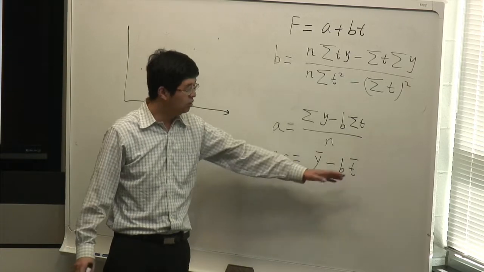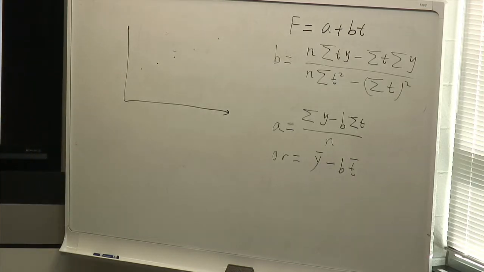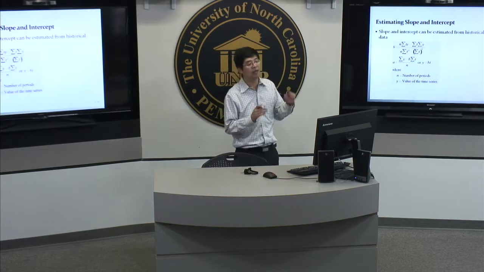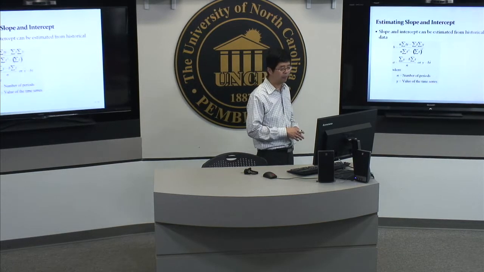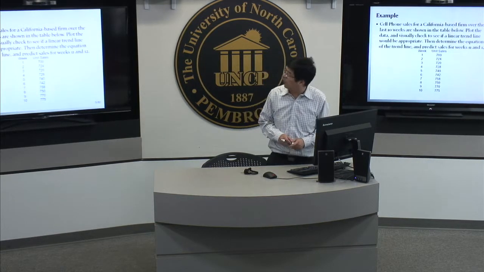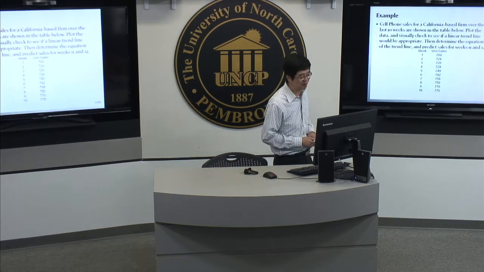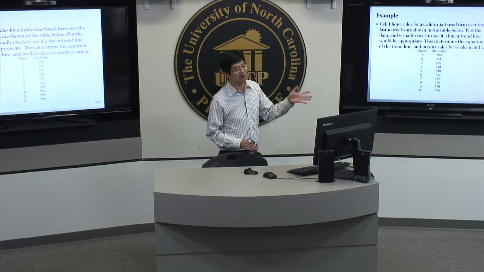T bar is the average of the time periods. So if t is from 1 to 10, that's 1 plus 2 plus 3 until 10 divided by 10. That's t bar. Clear? T bar and y bar mean the mean. I will prepare at least 15 minutes for you to do this example. Let's do that together, okay? So the formulas are here.